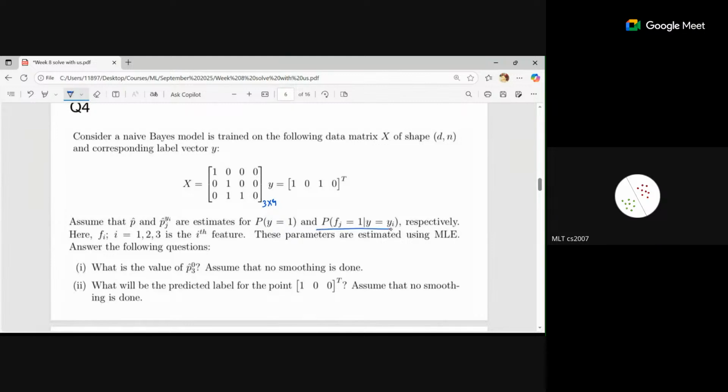You have to find the value of P hat 3 of 0 and the predicted label for the 0.100. This might take some time. I'll wait for some time.